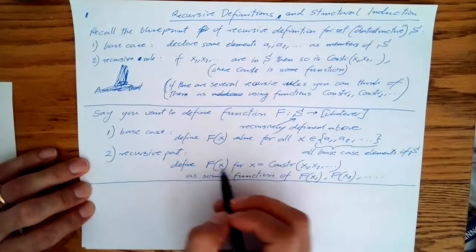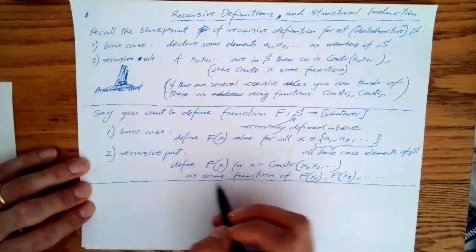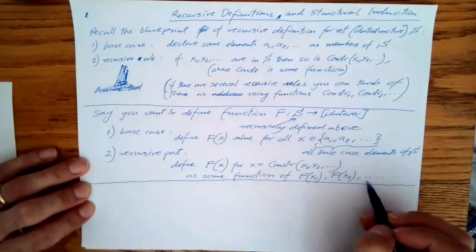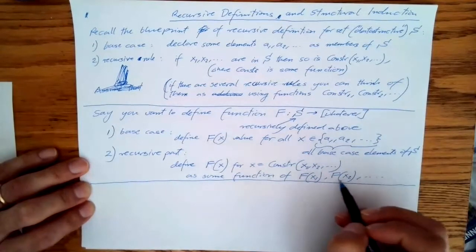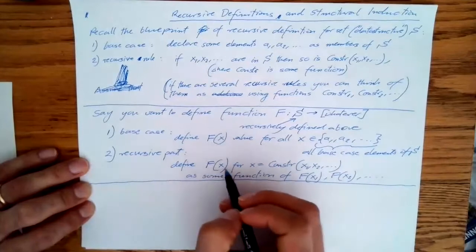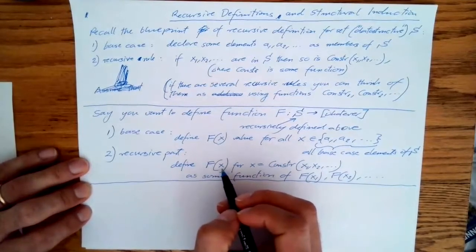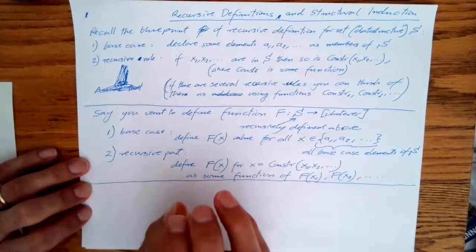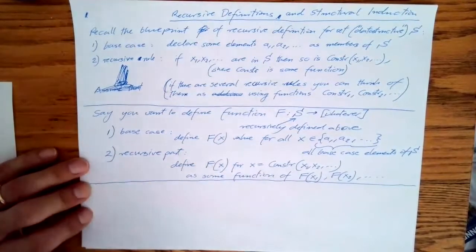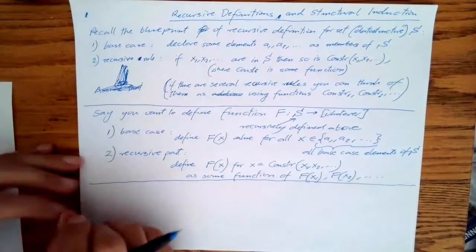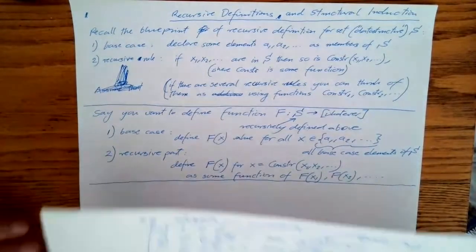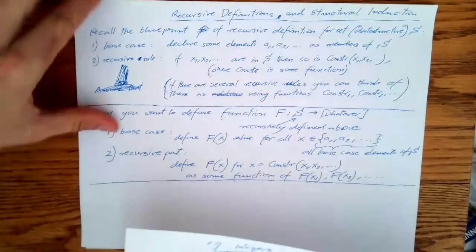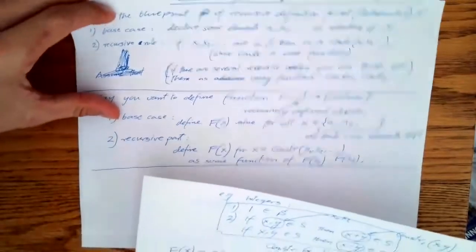And because you define f of x as some function of these, this function is well defined because all its arguments are well defined. So therefore, this will define the value of the function at point x. Okay, that was a lot of mumbo jumbo, but hopefully not exactly mumbo jumbo.